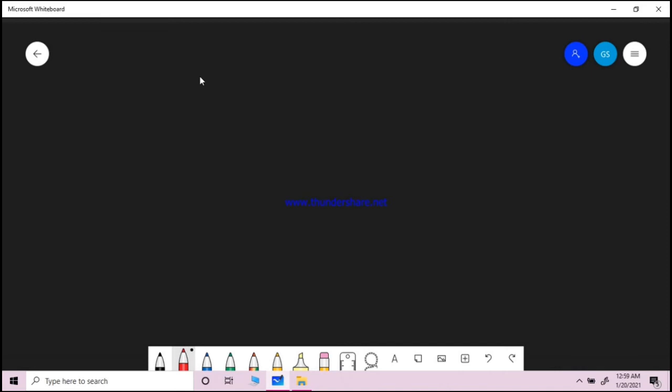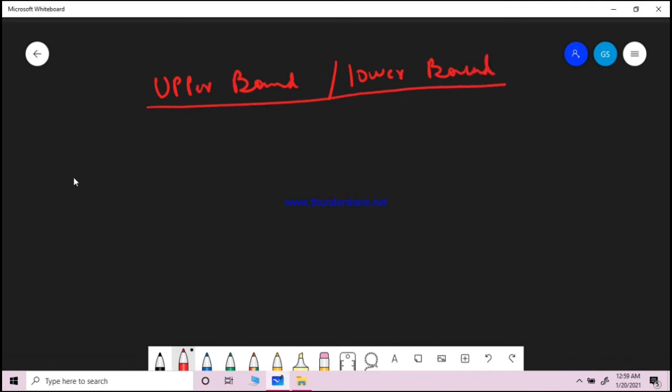So let me write down what are upper bound and how to find the lower bound. Let's see the upper bound definition. First let me write down upper bound, and this is lower bound.